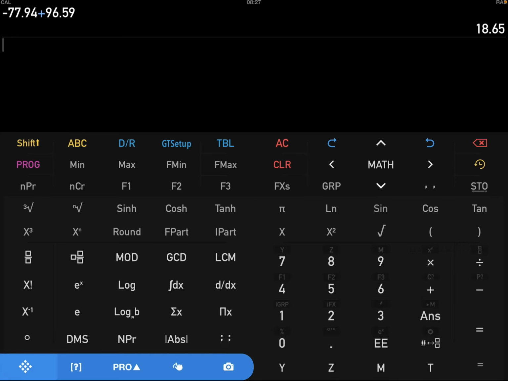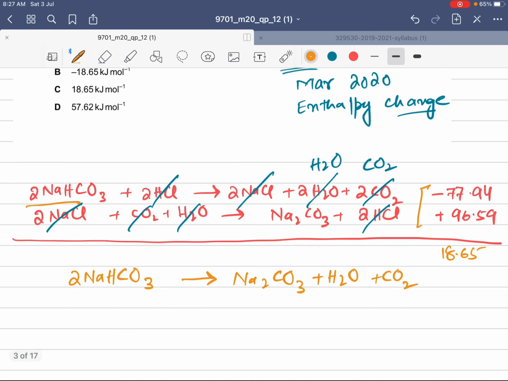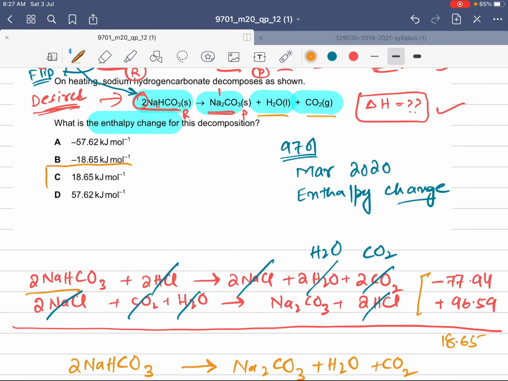So this would be equal to 18.65. So the final answer would be 18.65, and this is option C.